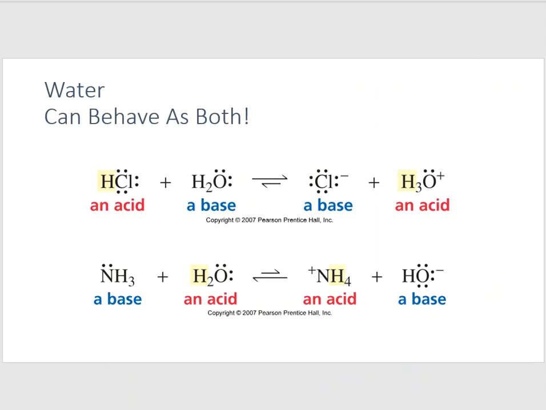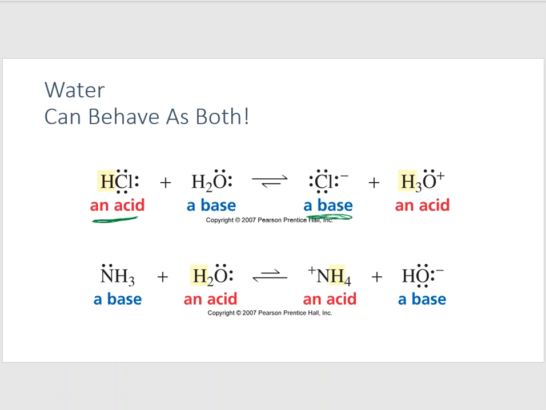Now, we've already seen equations, and we've seen us going through examples of labeling things as acids and labeling things as bases, right? So over here to the left-hand side and over here to the right-hand side, this HCl and Cl minus, these are the two counterparts right here.